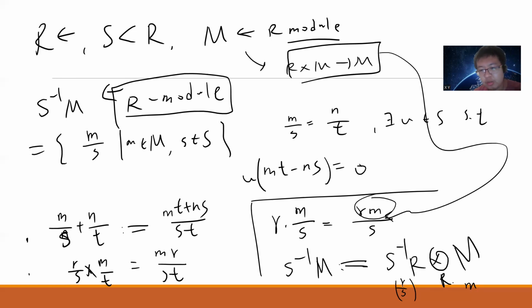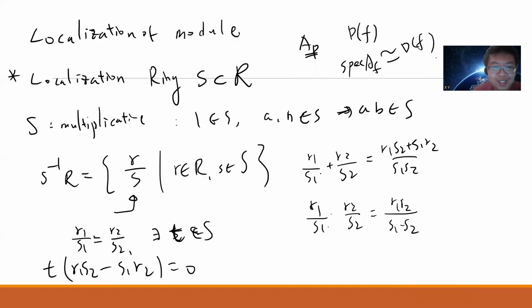Since it's a tensor product, you can translate the scalar. You can check this is true; I leave you to check that these two are equivalent. This is just some standard notation.